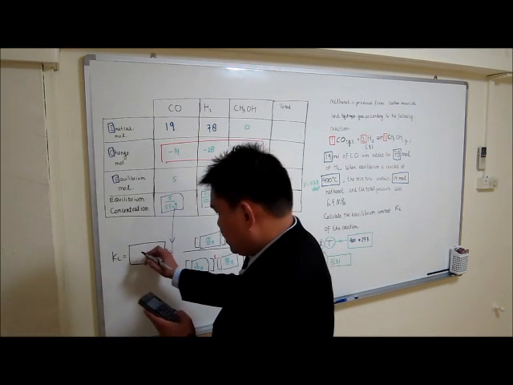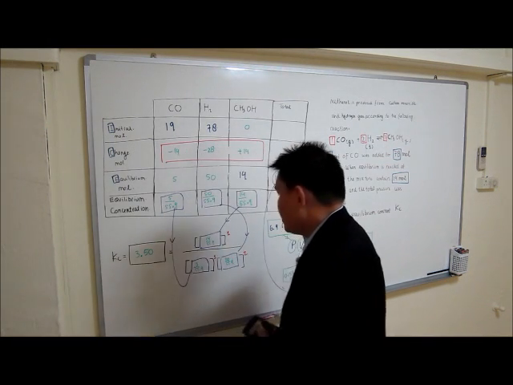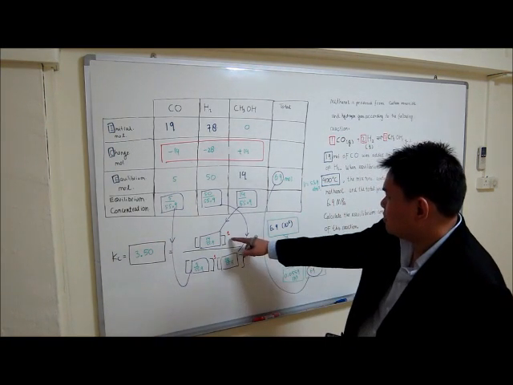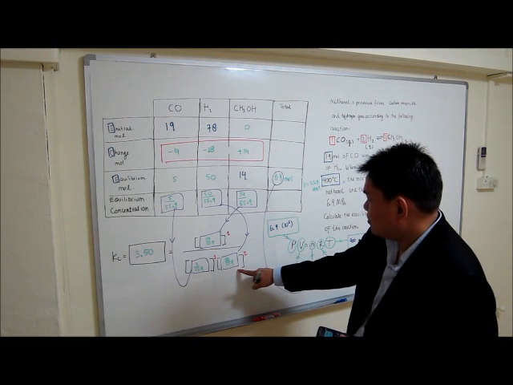What you get is 3.50. The unit, very simple. You have mole per dm cube, mole per dm cube, so mole to the power of minus 2 dm to the power of 6.